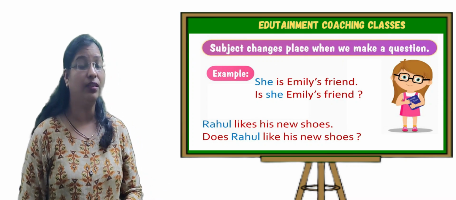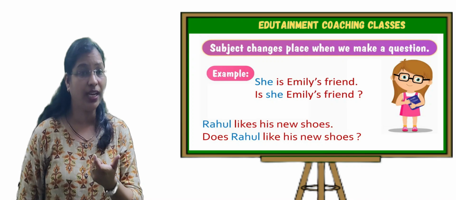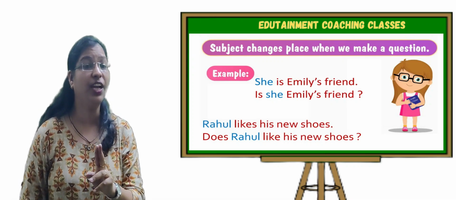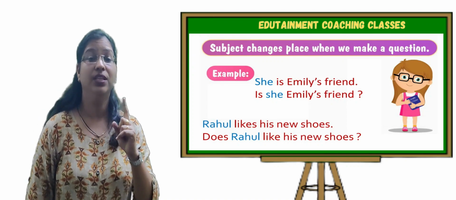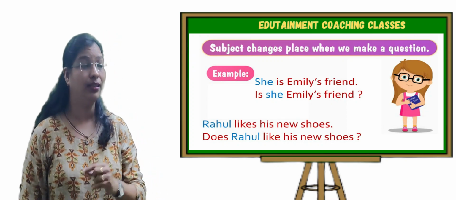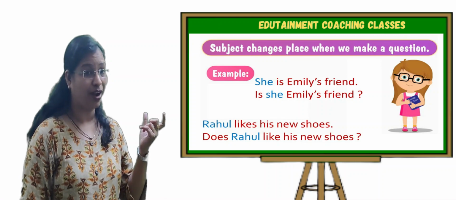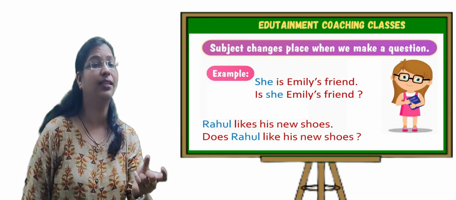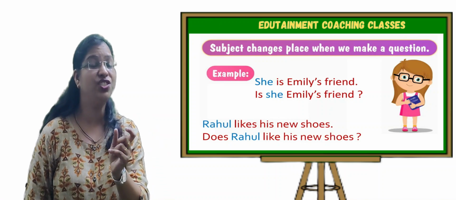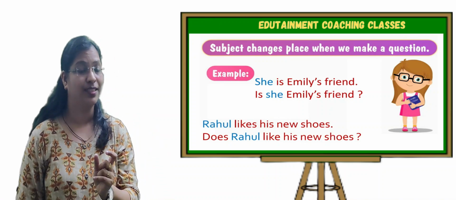So now here the subject she is the second word in this sentence. But if you see in the statement form, she is Emily's friend, she is the subject there, right? But in the question you have seen that the subject has changed its place, right?